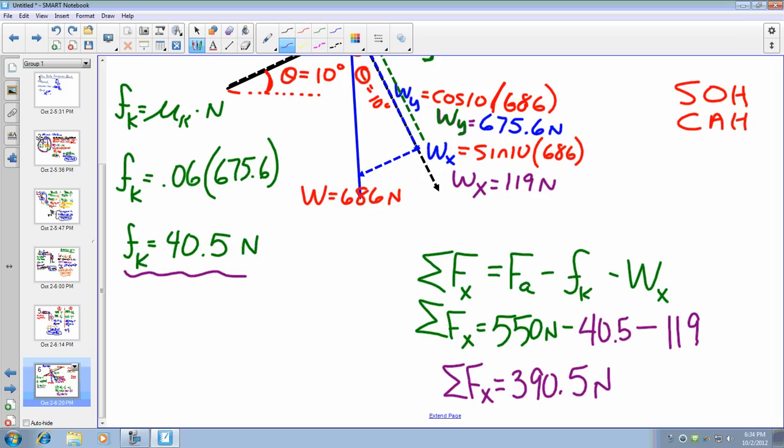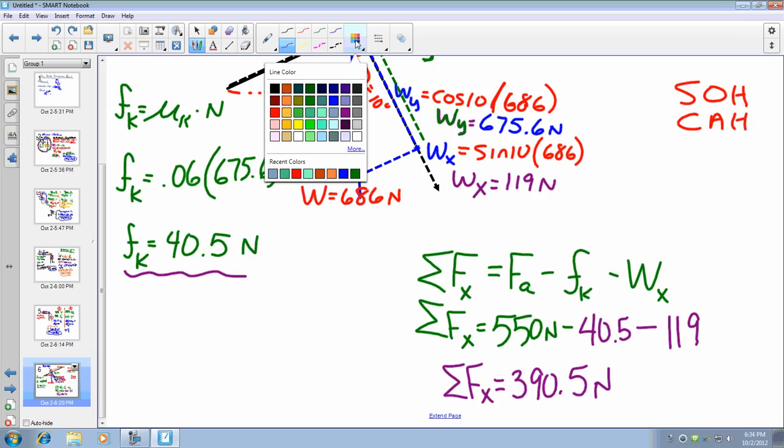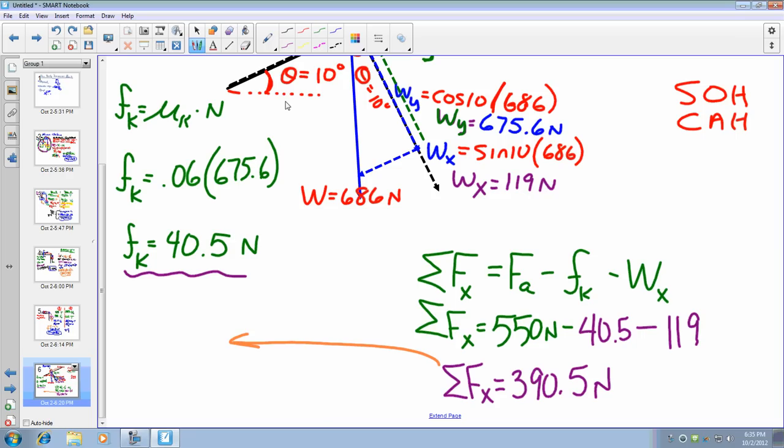Well, last thing for this whole adventure is we can use this information to find the acceleration as I bike up the hill. So let's use Halloween orange. Let's remember that the sum of the forces in the x are going to be equal to mass times acceleration. Well, we already know the sum of the forces in the x. We know that that's 390.5 newtons. We know the mass of myself and the bicycle.